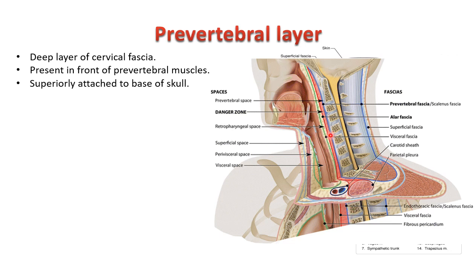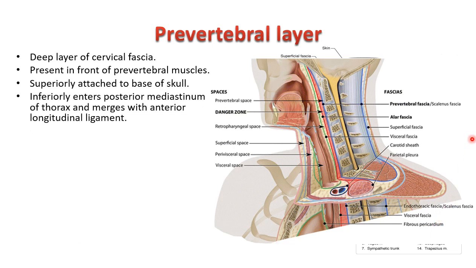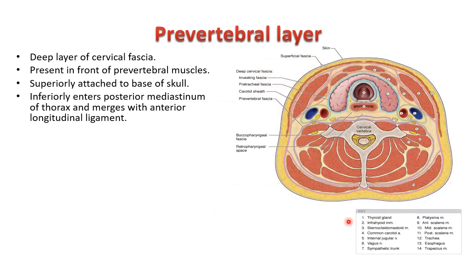Here you can see the prevertebral layer entering into the thorax and merging with the anterior longitudinal ligament, and this fascia extends up to the first three thoracic vertebrae. The anterior longitudinal ligament is present immediately in front of the bodies of the vertebrae.